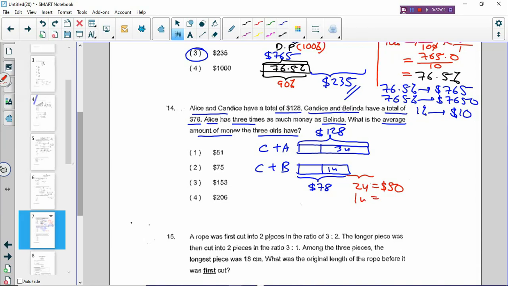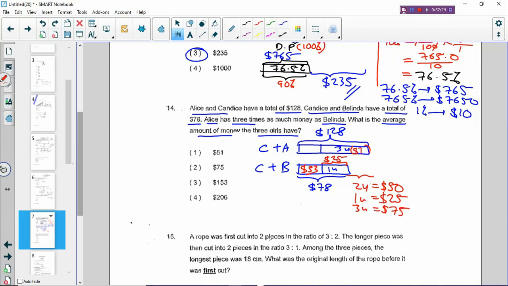Then your 1 unit will be 50 divided by 2, that will be $25. And then you can find how much is Belinda, which is $25. Then you can find Candice, which is 78 minus 25. So Candice has 53. And then you can find Alice, which is 3 units. So 3 units will be 75.